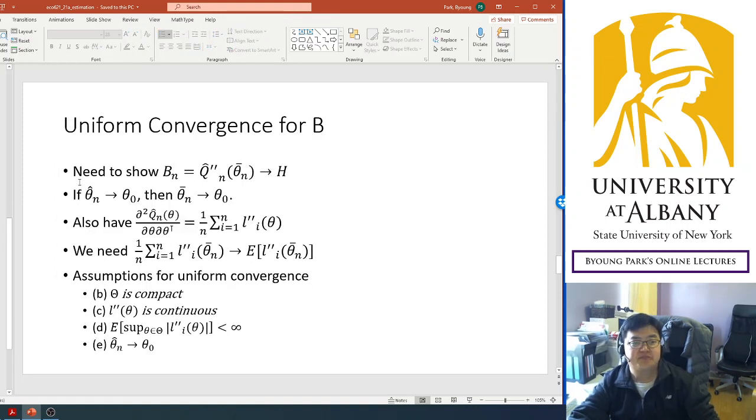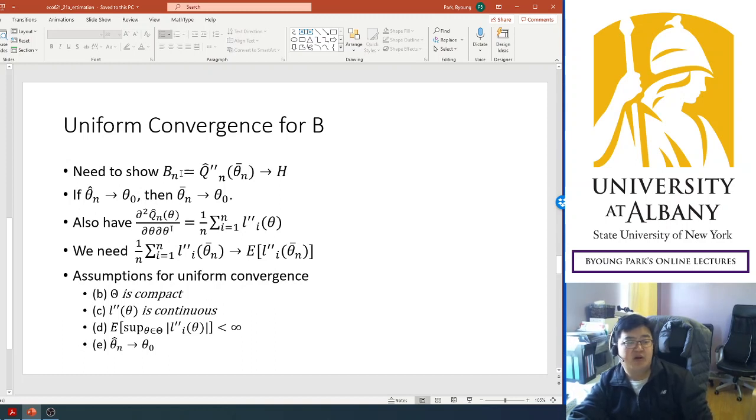Then next, let's study B first. We are going to show that this Bn sequence converges to something constant, H. H usually stands for Hessian matrix, because the criterion function is differentiated twice.